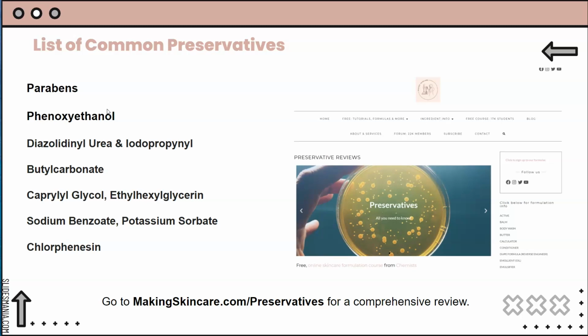If you go to makingskincare.com/preservatives, Jane Barber has a comprehensive review of the most common preservatives used in skincare, as you can't use one preservative for all of your emulsions. It's dependent on a lot of factors like pH, solubility, and the sorts. So definitely check it out.